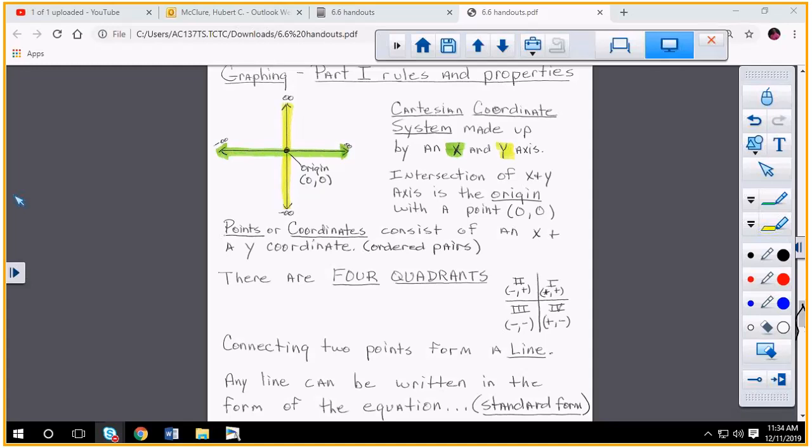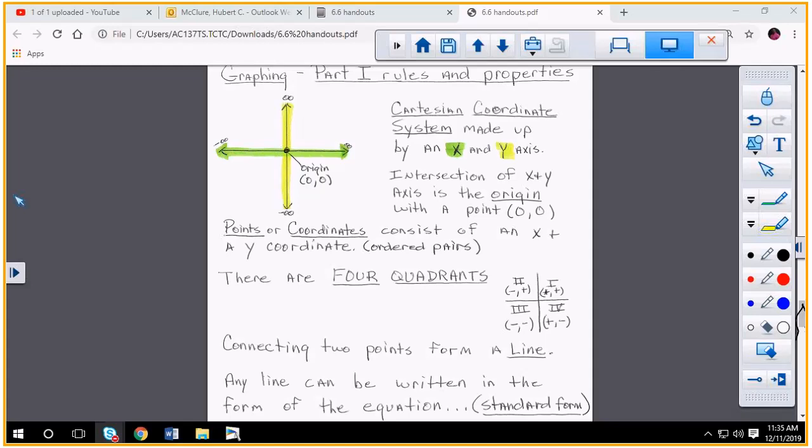So these equations are going to be a little bit different than what you saw in the previous video when we were doing expressions, and expressions do not have an equal sign. But the equations that we were doing in the last video had just one variable, and that's the x variable. These equations have an x and a y variable, so that will tell you, okay, this must be graphing.